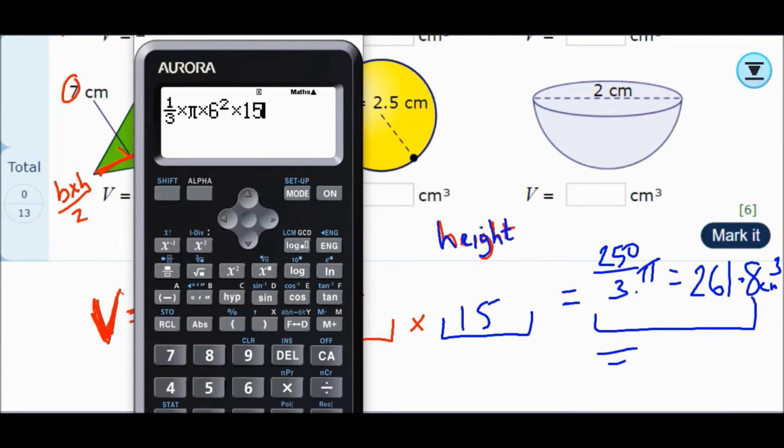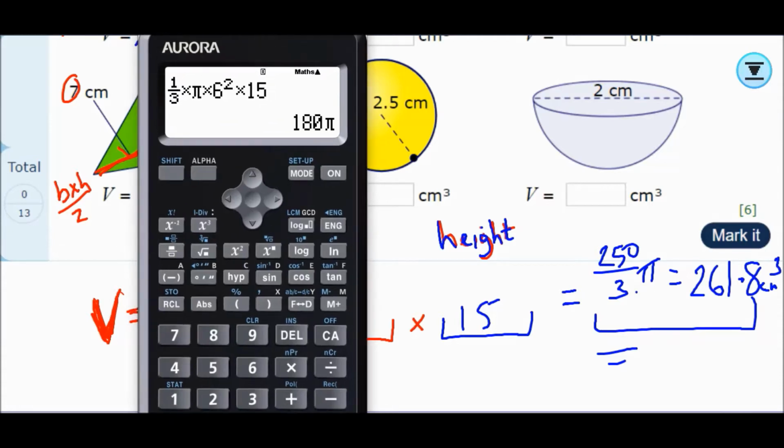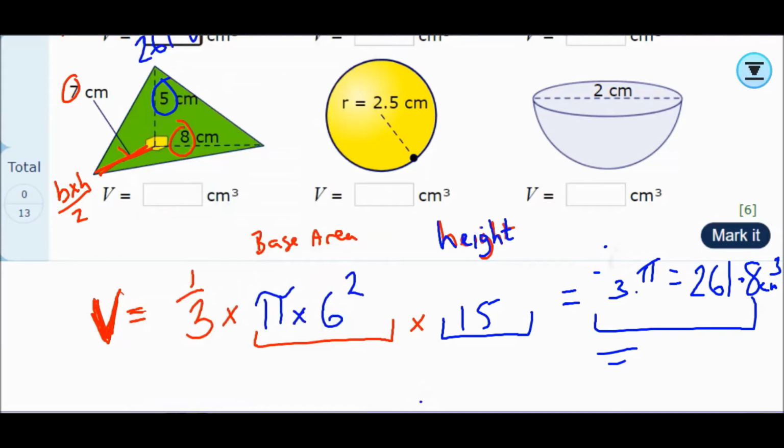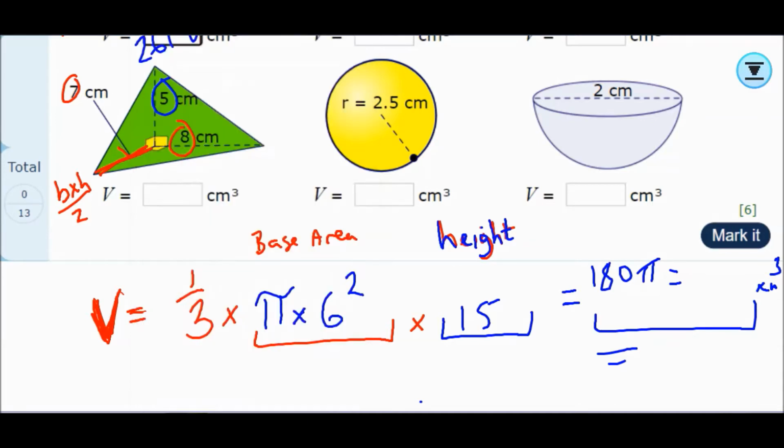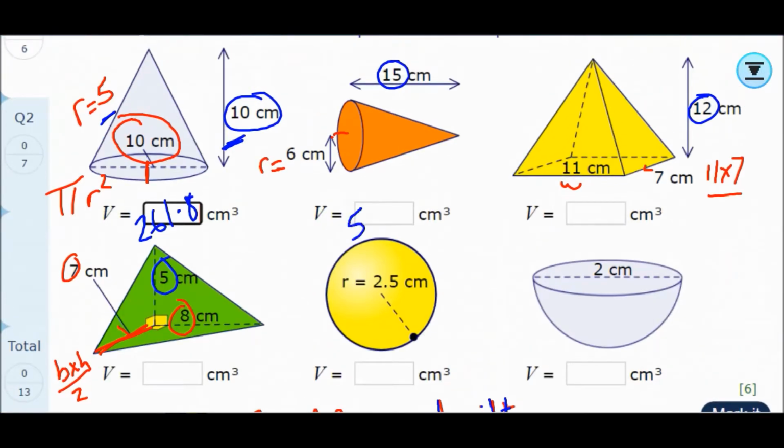Press equals, gives me 180 pi. Hopefully you can see that by doing this we're keeping the same format, and it's going to be 565.5 to 1 decimal place. So that's my cones done.